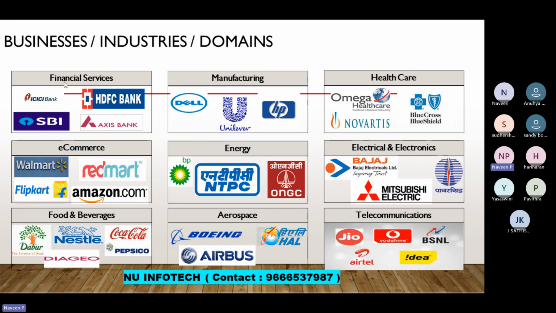See, in financial, I just mentioned a few of the banking names, ICICI Bank, like that. There are a lot of companies within the financials. Not only this kind of thing, there will be insurance also. They also come under finance only, right? So at the end of the day, data can be from any company.